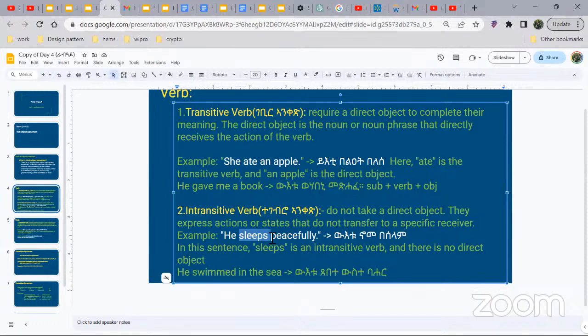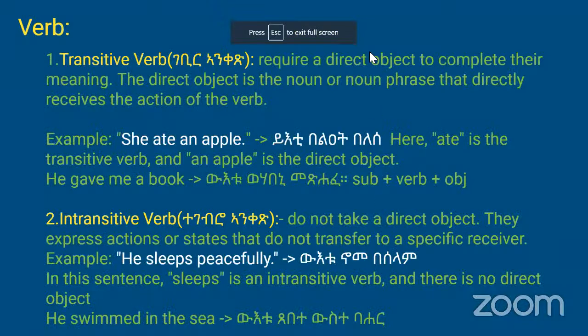Transitive verbs, give me sentences. I'll start with Gabriel. He declared. Declared, like he said, or more official. He said, okay.